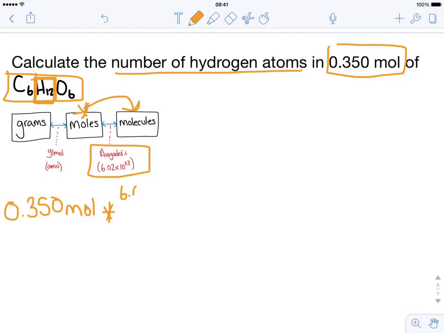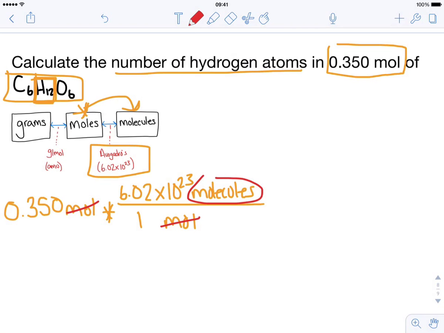So 6.02 times 10 to the 23rd molecules in 1 mole. Now if we look at our units, moles cancels, and we're going to be left with molecules. Actually, I should have written moles of C6H12O6, because now we're left with molecules of this.